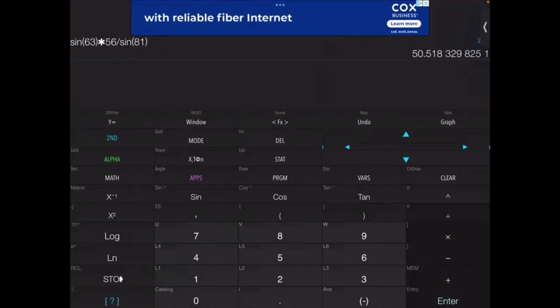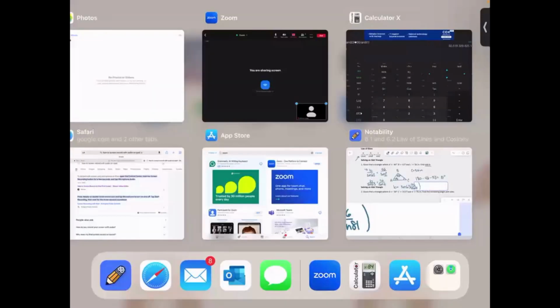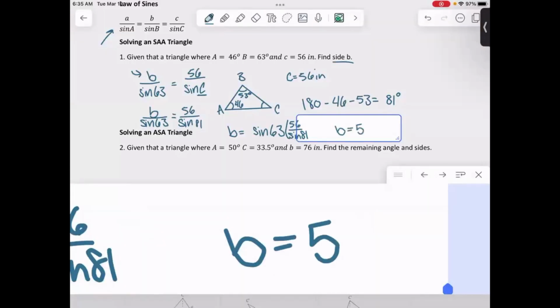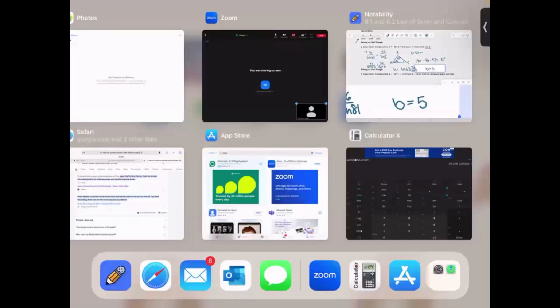Let me double check. Yeah, that's good. So we got 50.52. So B equals 50.52.